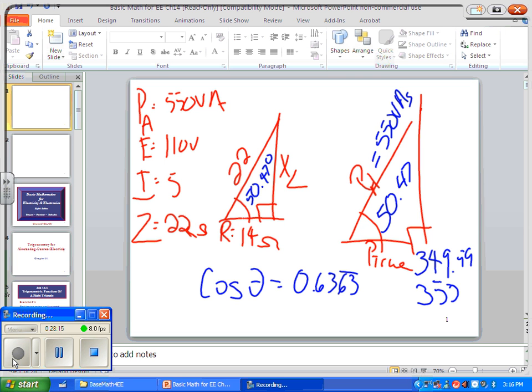Let's call it that. And what is this? Now, this is watts. This is how much work this circuit is actually doing.